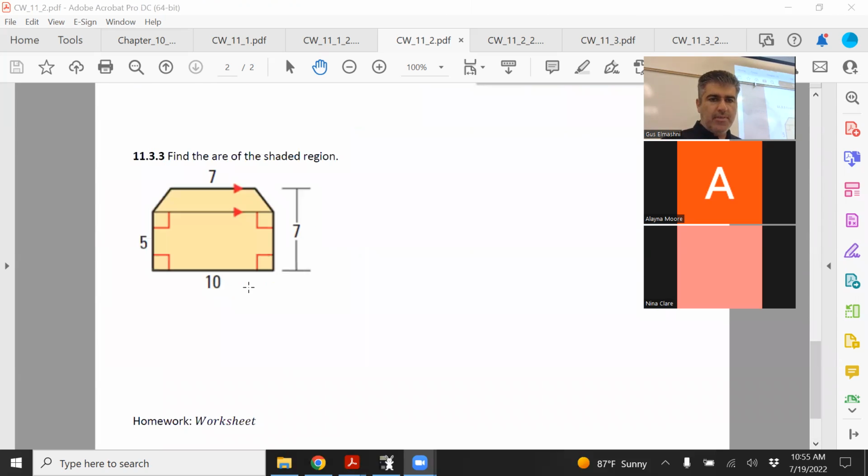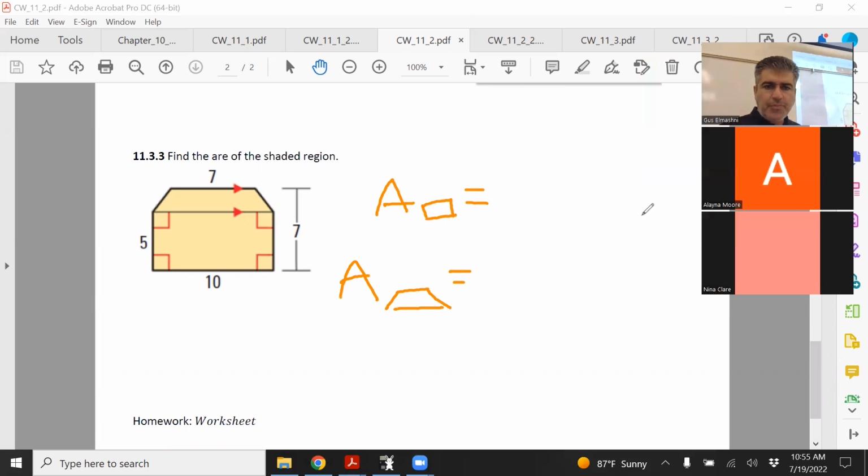So last one, find the area of the shaded region. It's all shaded. Okay, so you have a rectangle. And you've got a trapezoid. We'll start with the rectangle. Easy, right? 50. Trapezoid, 1/2 h.